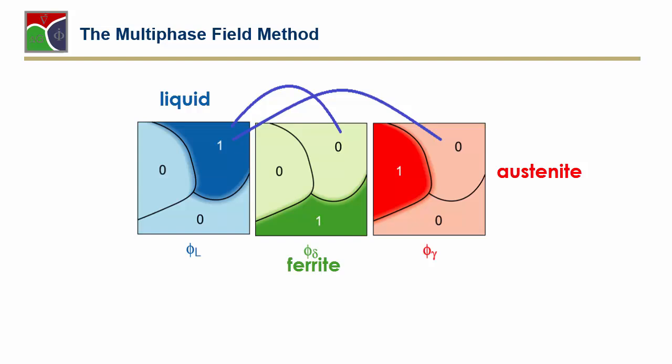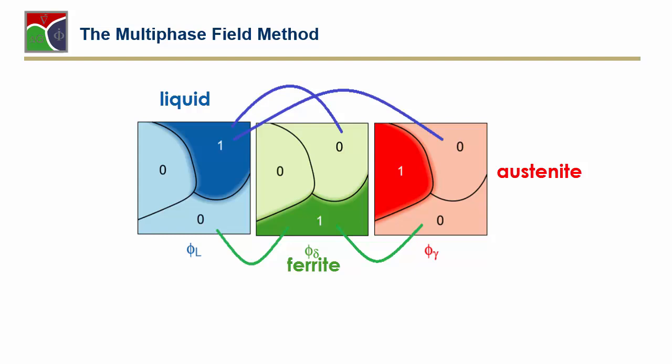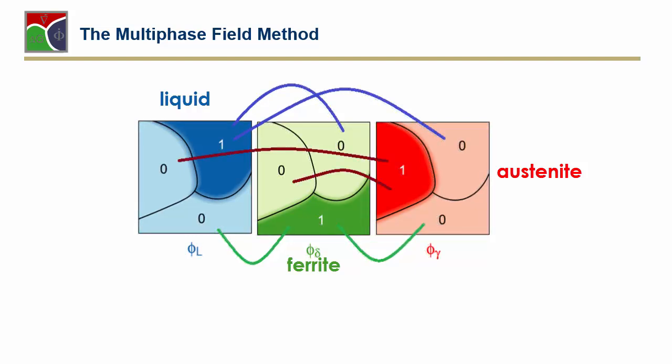Please note that wherever the fraction liquid is 1, there may be no ferrite and no austenite. And wherever the ferrite is 1, there may be no liquid and no austenite, and so forth.